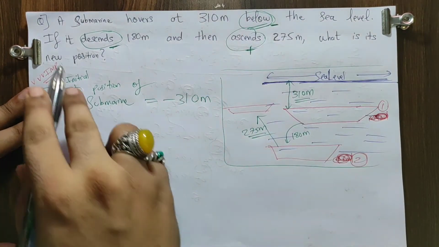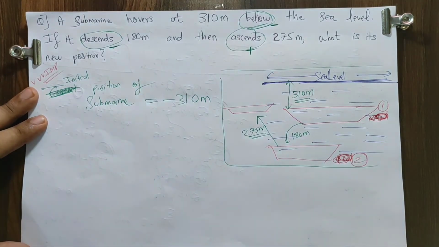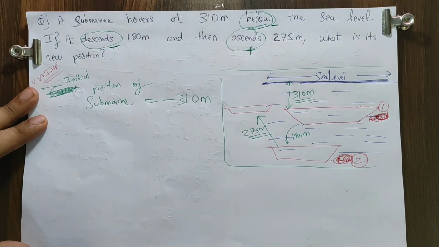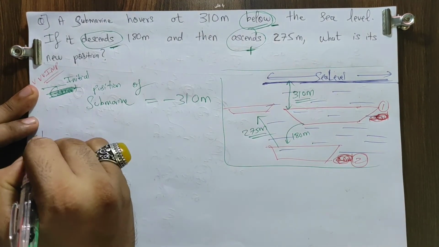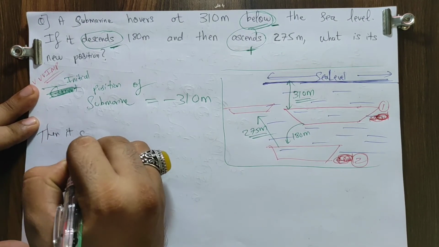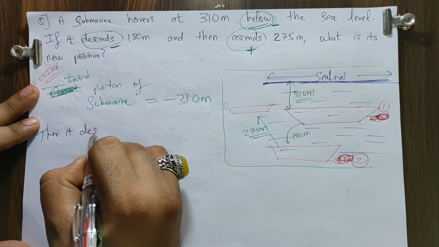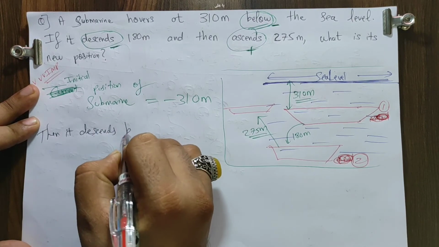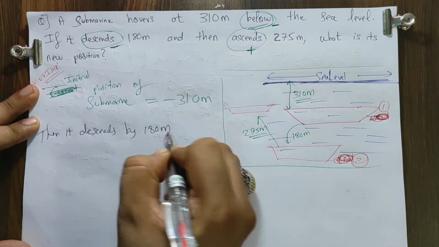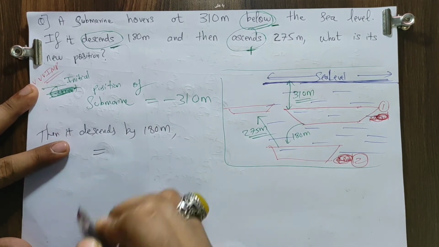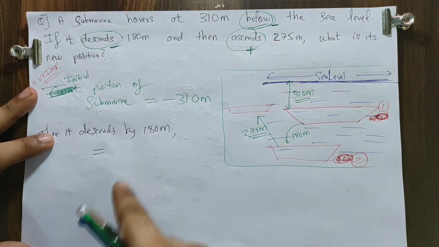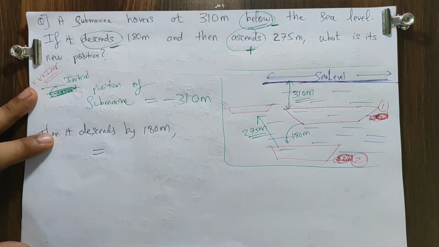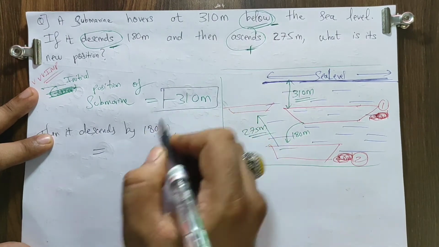Okay, if it descends 180 meter, so leaving a line I'll write then it descends by 180 meter. So now what will be the position? Descends means going down, so descends means minus. Earlier it was how much? Minus 310 meter.